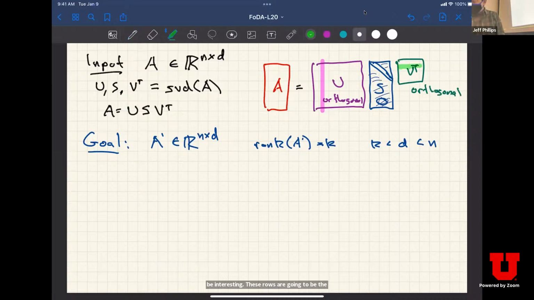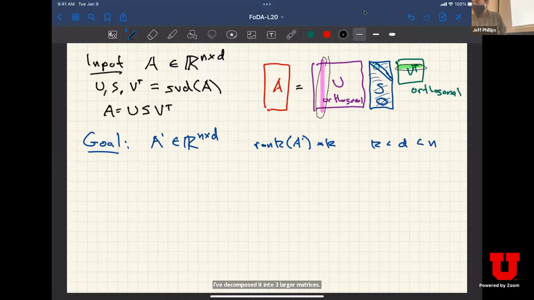And then the elements of the diagonal are going to be interesting. Those are the singular values. Okay, so I've decomposed it into 3 larger matrices, but these matrices have a lot of structure.